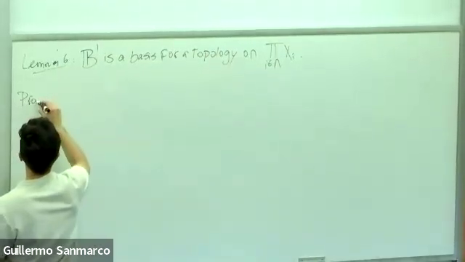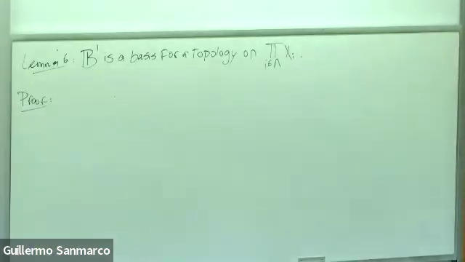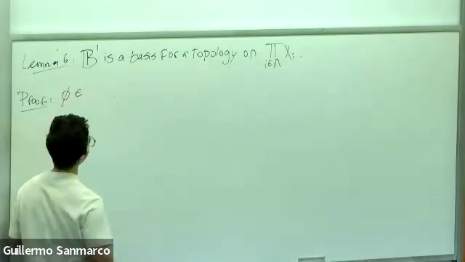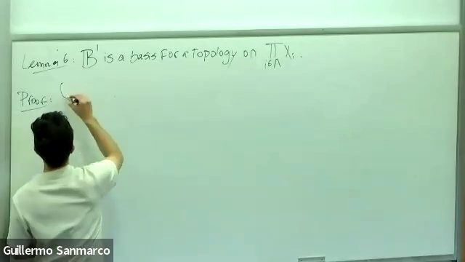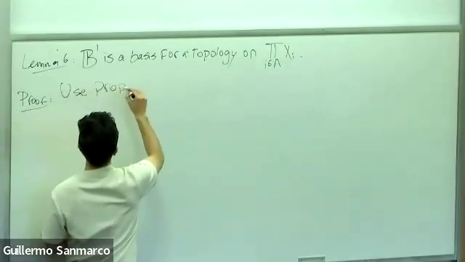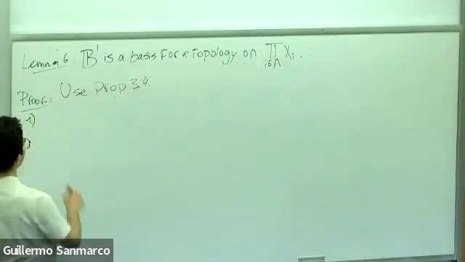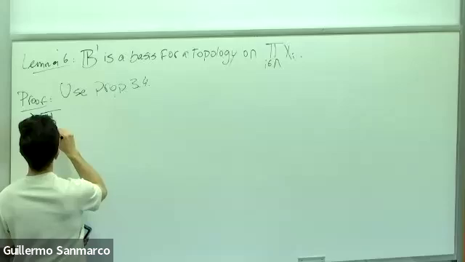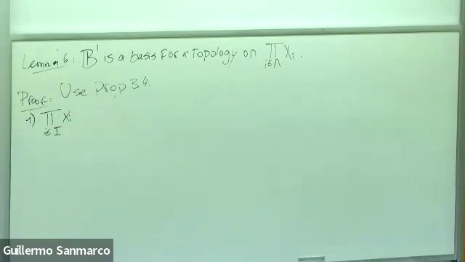So the proof here: I need to show the axioms for a topology. Sorry. Proof, we want to use proposition 3.4, so I need to verify two parts. The first part is that the arbitrary product of these Xi's can be written as a union of things in B, and that's for free.